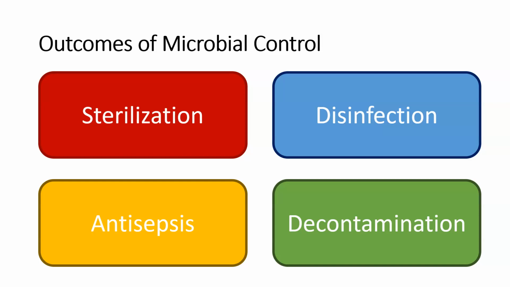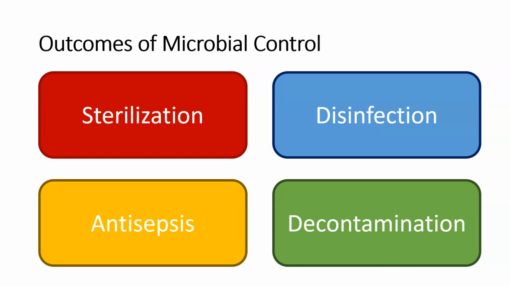How do you know which microbial control method to use? Well, Stephen Covey once famously said, "Begin with the end in mind." He wasn't talking about microbiology, but the idea is the same. What is the goal? What are we hoping to achieve here?